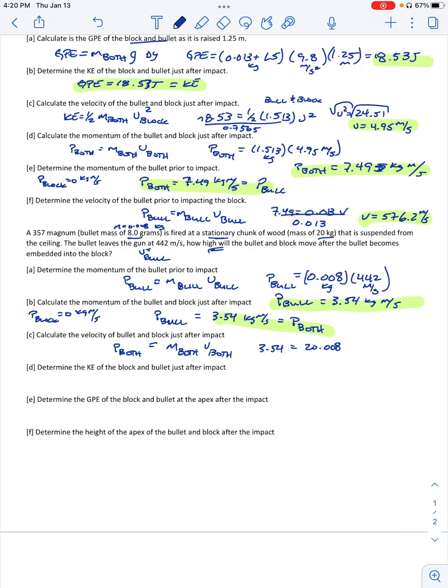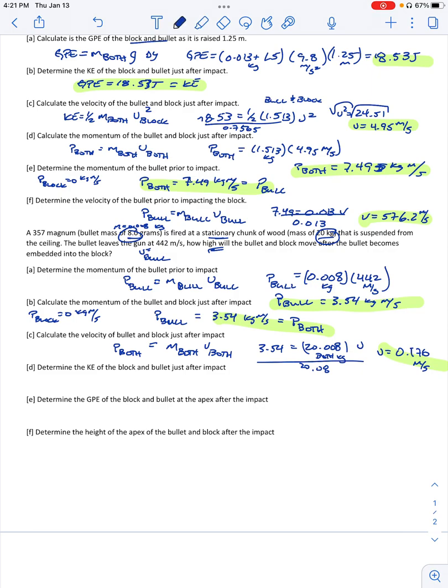That's both, the 20 kilograms and the 0.008 kilograms, times our V, so that's both. Divided by 20.008, we find that our velocity here, this is going pretty slow, 0.176 meters per second.